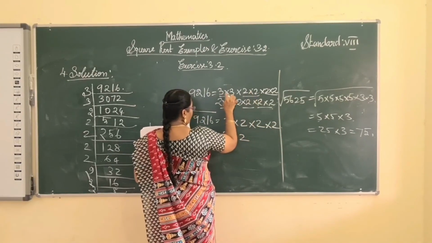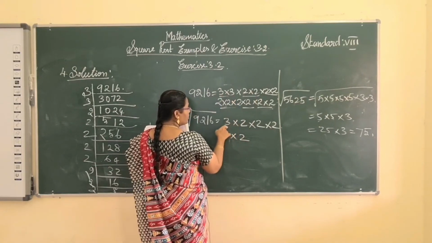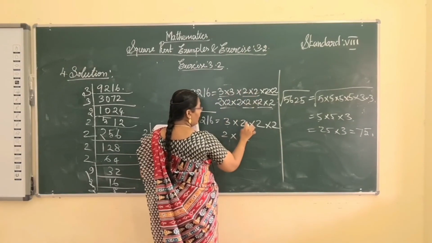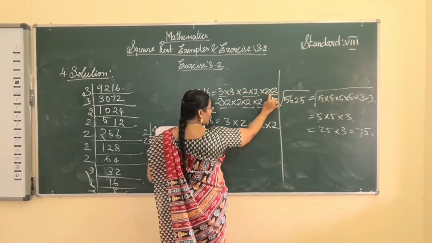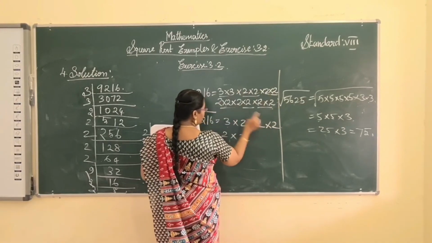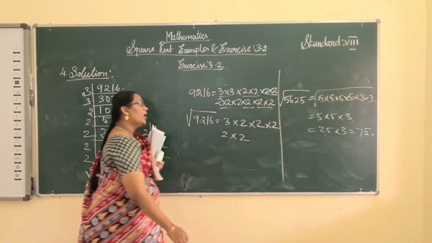From this pair we write 3, and from each pair of 2 we write 2. Okay, now multiply.